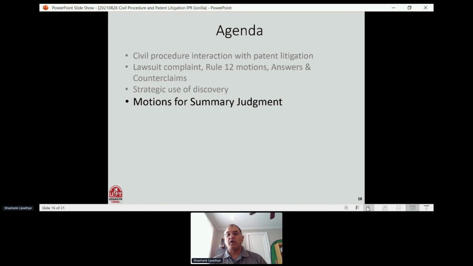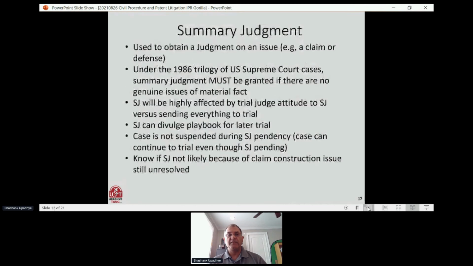Motions for summary judgment are one of the last things that we want to talk about here in an advanced civil procedure topic on civil and patent litigation. Summary judgment is akin to the early motions for judgment on the pleadings under Rule 12(c). Again, you're here to get a judgment on a particular issue, and as a consequence, you are trying to get an adjudication on a claim or a defense.